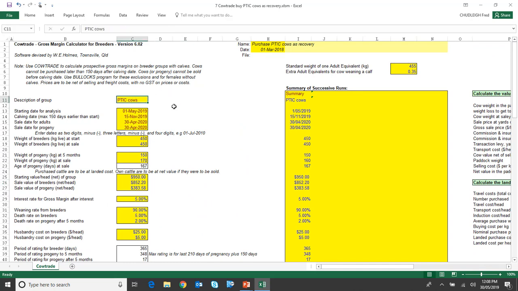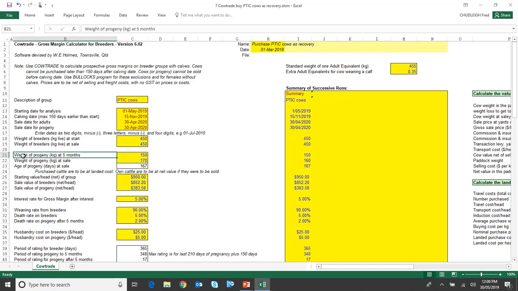These are PTIC cows. We're going to buy them on the 1st to the 5th. They're going to calve on the 15th of November. We're going to sell them in 12 months' time, the 30th of April. They're going to be 450 kilos in, 450 kilos out. We're not going to put any weight on them because they're going to produce a weaner. Now, we've got the weight of the progeny at 5 months.